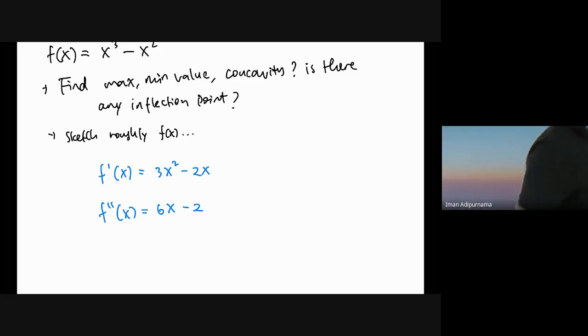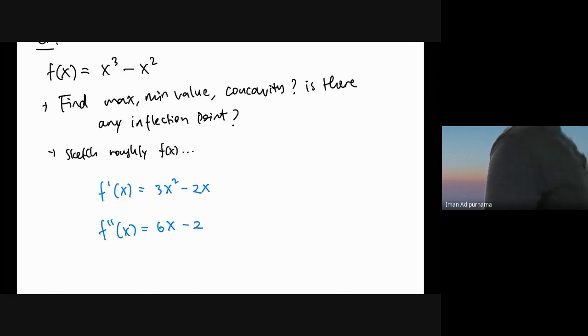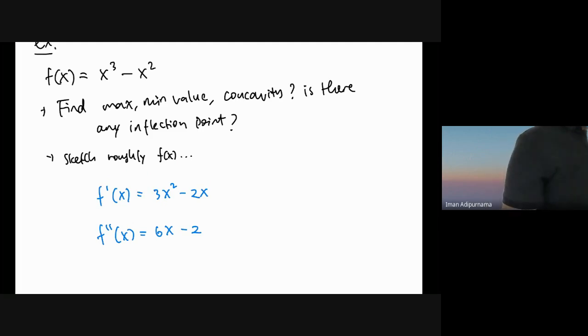Can anyone try to sketch the graph? Because it's also a simple function, a cubic function, if you remember the behavior of the cubic, maybe you can predict how the graph will be. At least from this f prime, we can check.